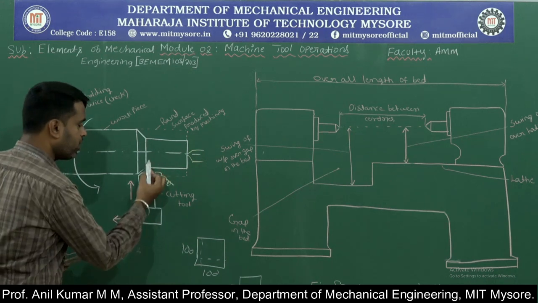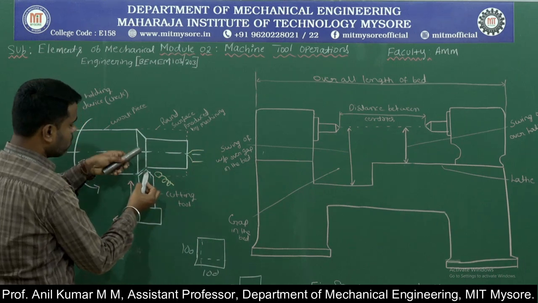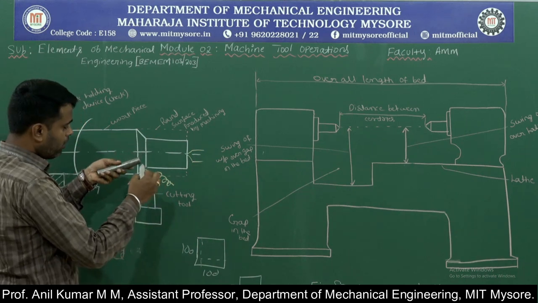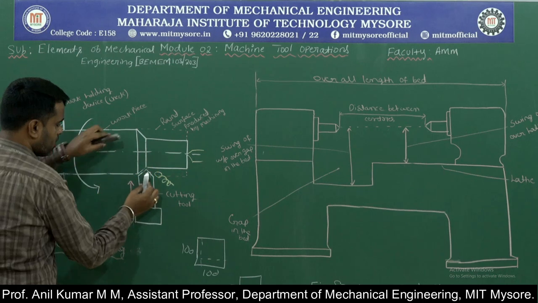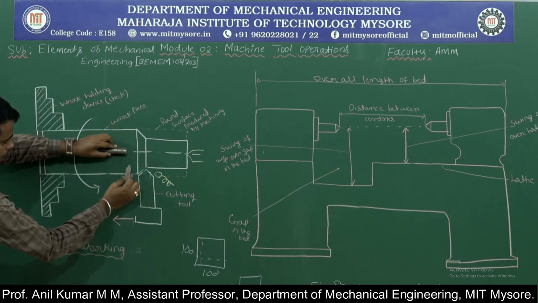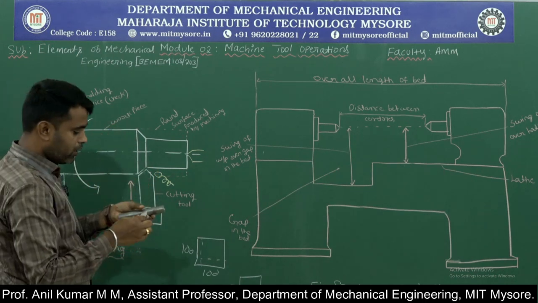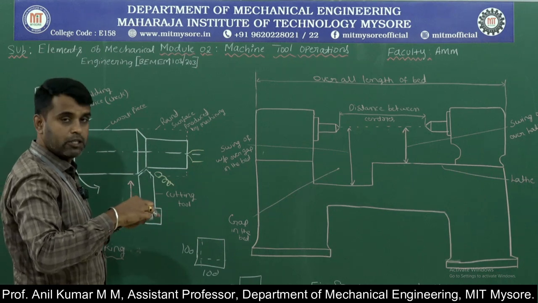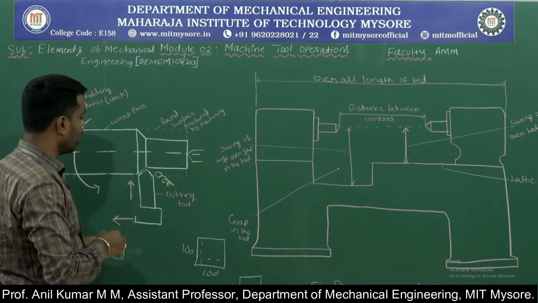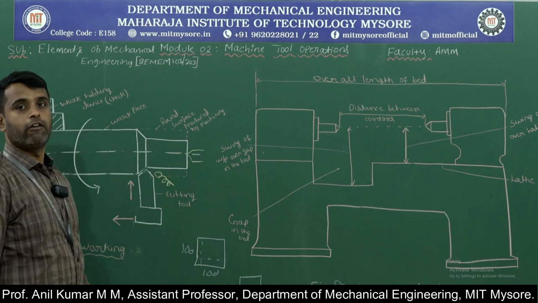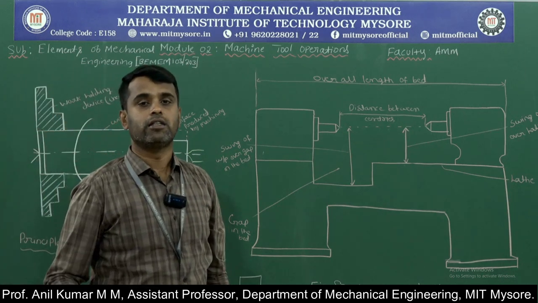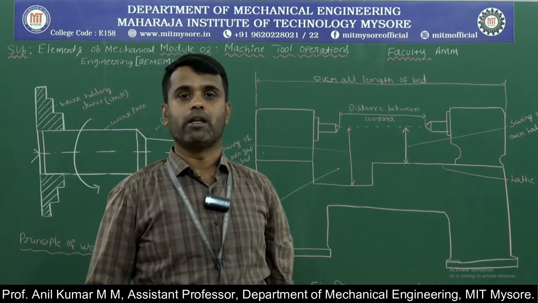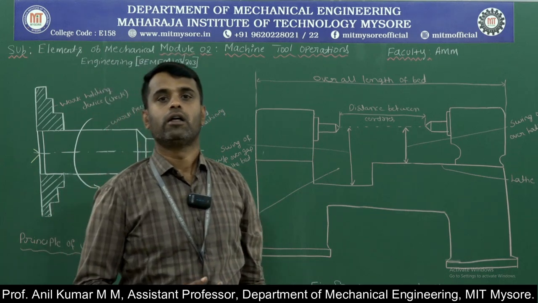We feed the stationary tool against the rotating workpiece and move parallel to the lathe axis, and the excess metal is removed in the form of fine chips to get the desired size.